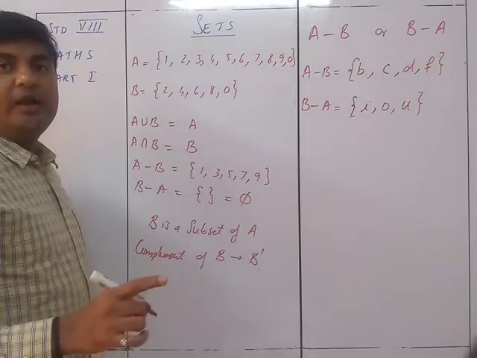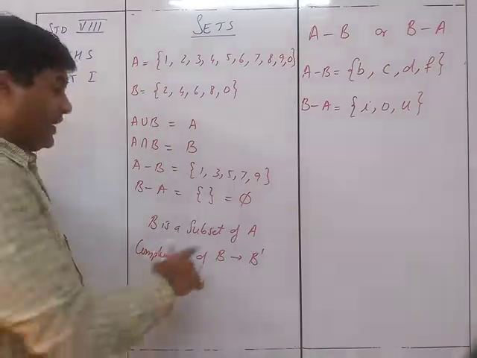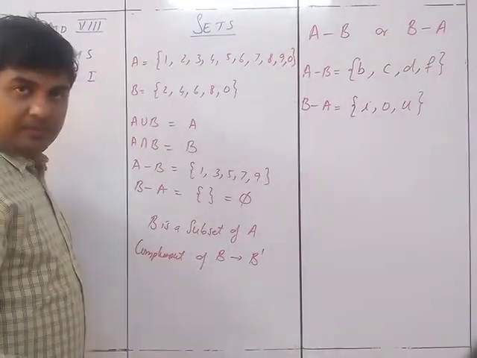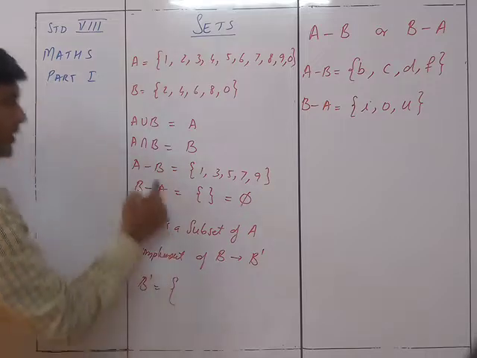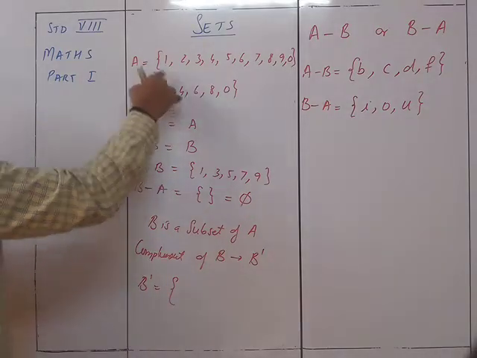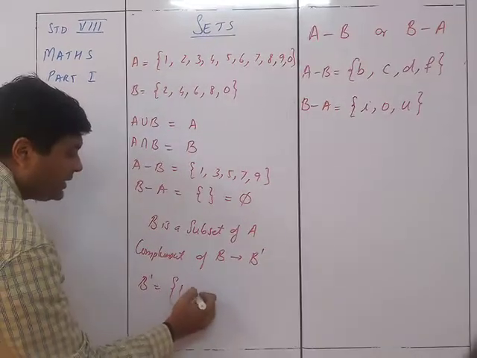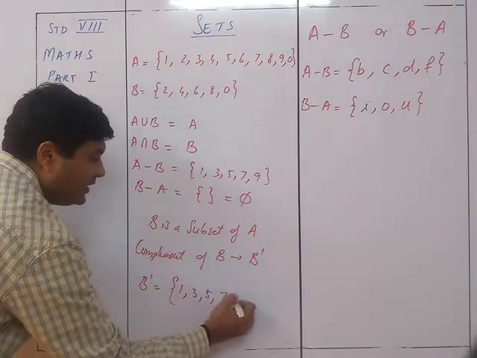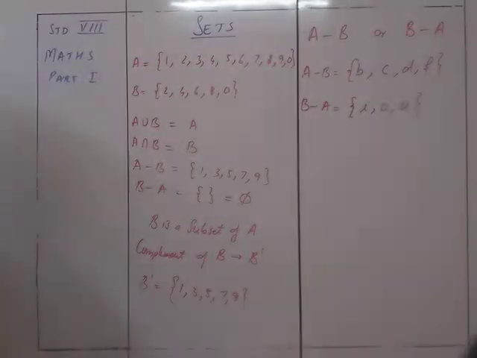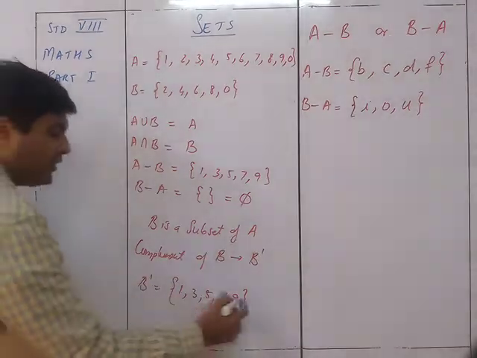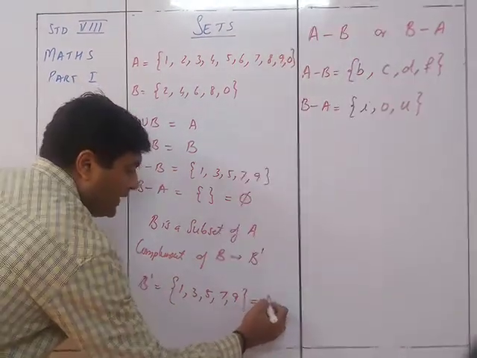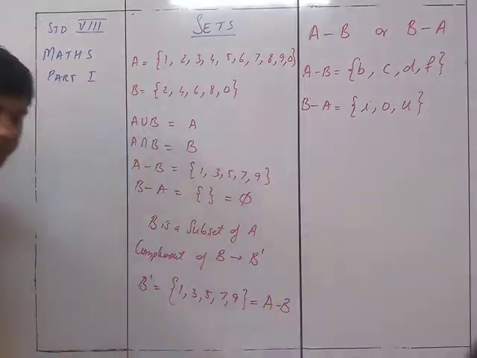Complement of B will be all the values of A which are not there in B. So B dash will be equal to, if I see this one, what is complement of B? It will be having 1, 3, 5, 7, 9. Got it? So therefore, in such a case, complement will also be equal to A minus B.